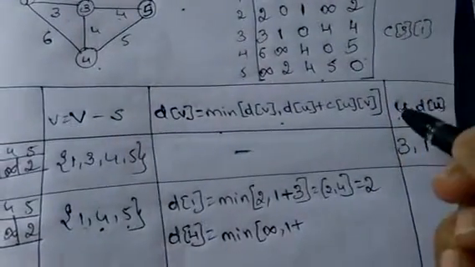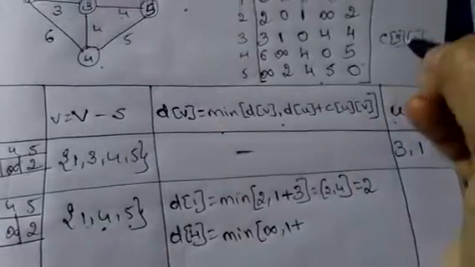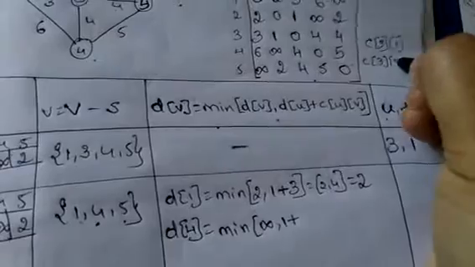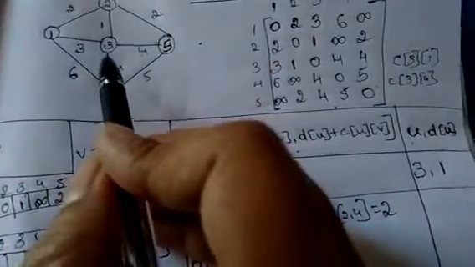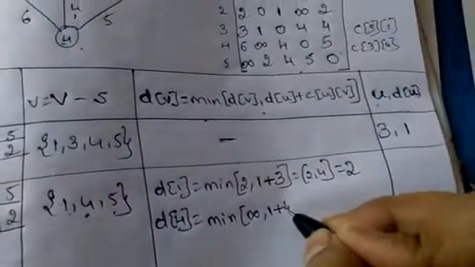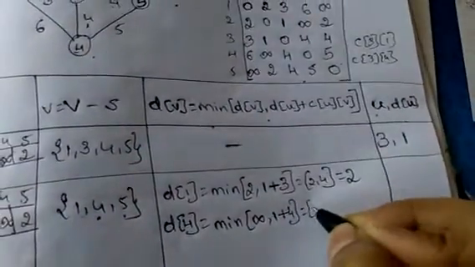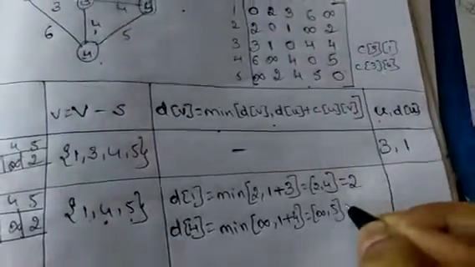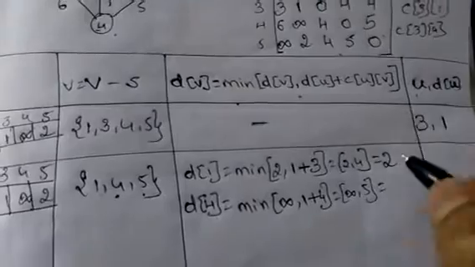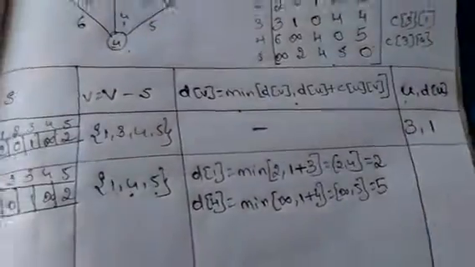Here u remains the same. It is 3. What is v? It is 4. Now it is C of 3, 4. From 3 to 4, what is the weight? It is 4. So 1 plus 4 I will take. What you will get? Infinity, 5. Which is minimum? 5 is minimum. I'll take this.